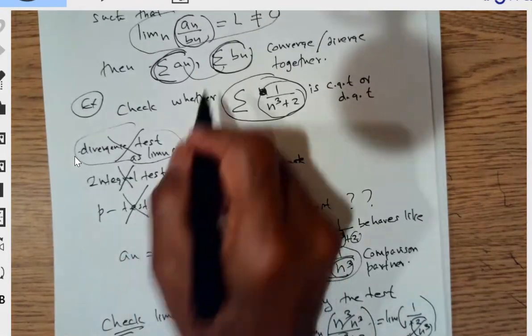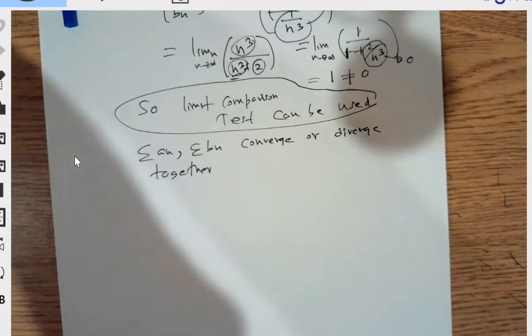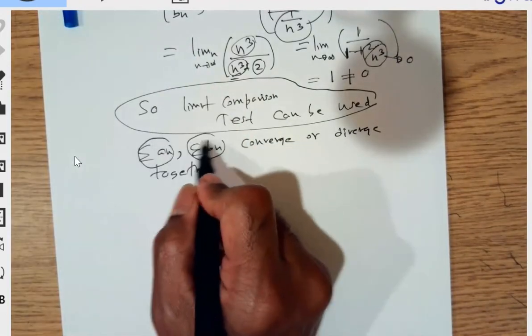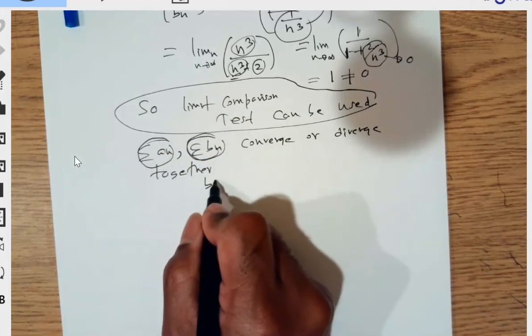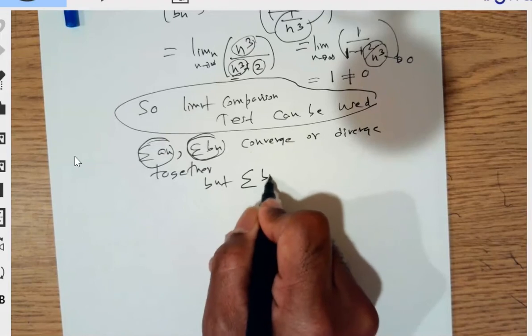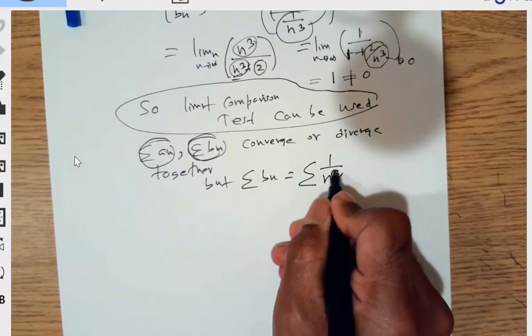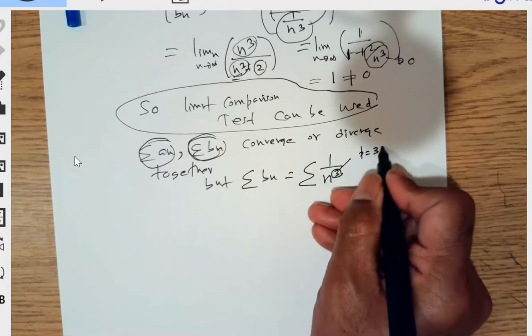If this is not equal to 0, then they will converge or diverge together. What it says is that if sigma bn is convergent, sigma an is also convergent. If sigma bn is divergent, then this is also divergent. But sigma bn is sigma 1 over n to the 3, and from the p test we know that p is equal to 3, which is greater than 1.